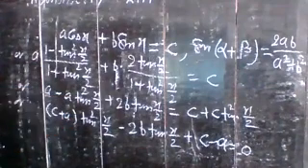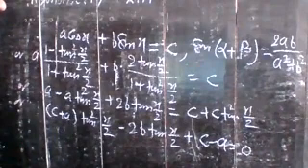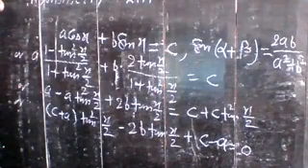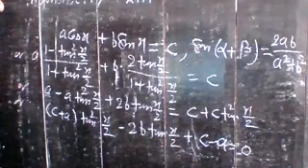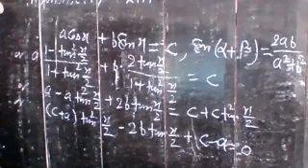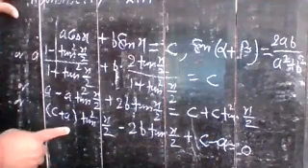Okay, so write it. Since alpha and beta are the roots of the given equation, hence tan alpha by 2 and tan beta by 2 are the roots of the equation.